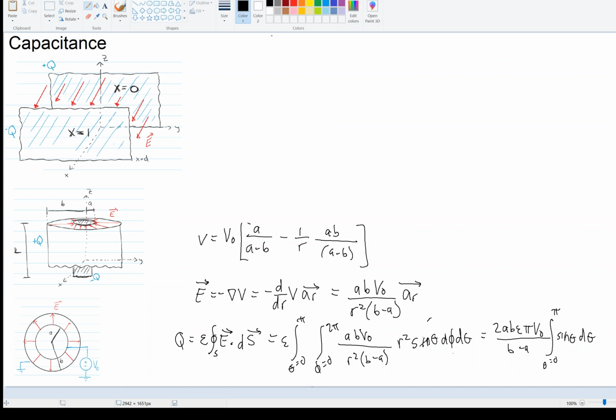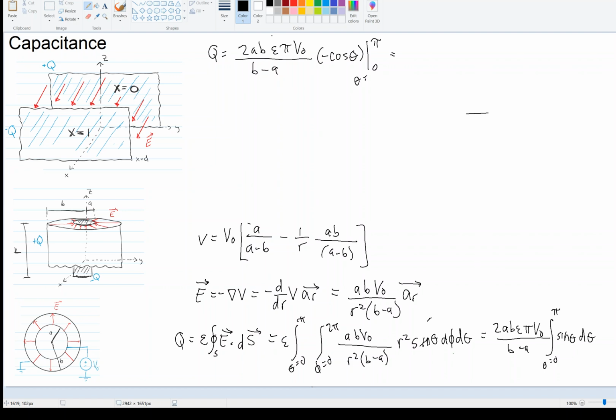So I just need to compute that integral. So we've got Q is equal to 2ab epsilon pi V0 over b minus a. And the integral of that is negative cosine theta. And we're going from 0 to pi. So when I do that, I pick up a factor of 2.